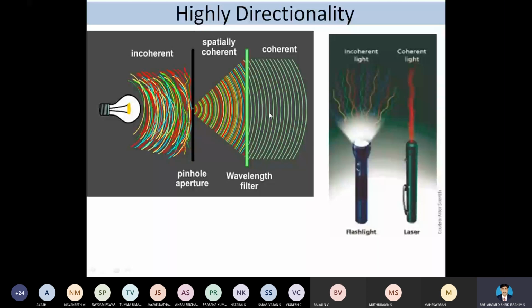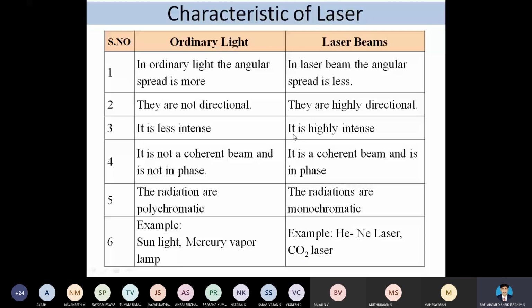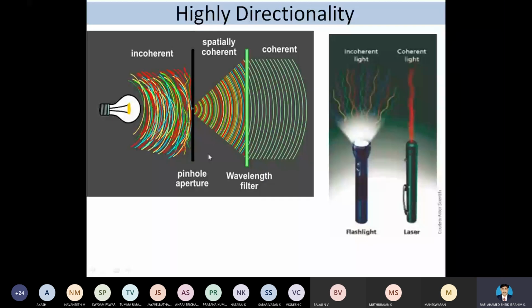It is highly ordered, it is highly in phase. The radiation is polychromatic. The radiation is monochromatic. Poly means more, mono means only a single. With poly, we can see the number of colors. This is polychromatic. Mono means here we have only one color, that is a green color. So this will be the monochromatic. Poly, mono.